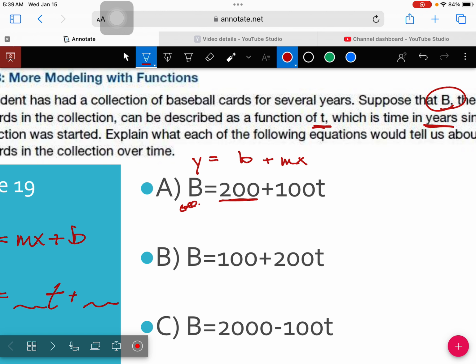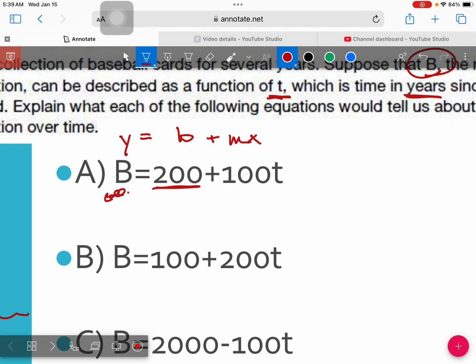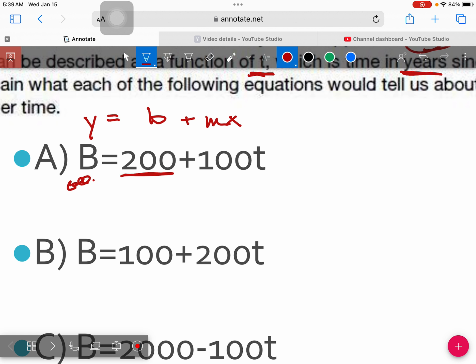It says a student. So the student started with 200 cards, and then over time, in terms of years, added to that collection 100 cards per T number of years.